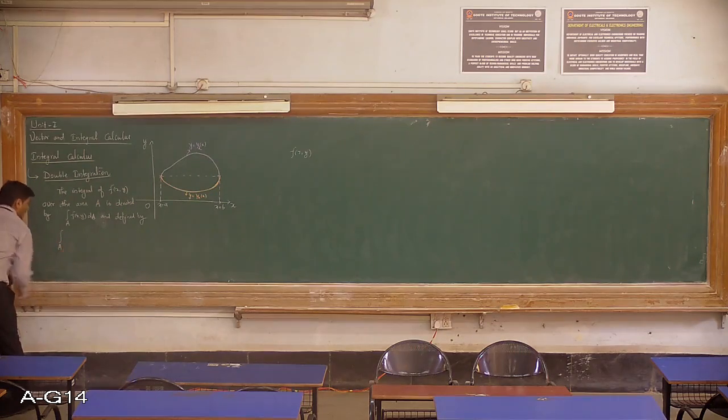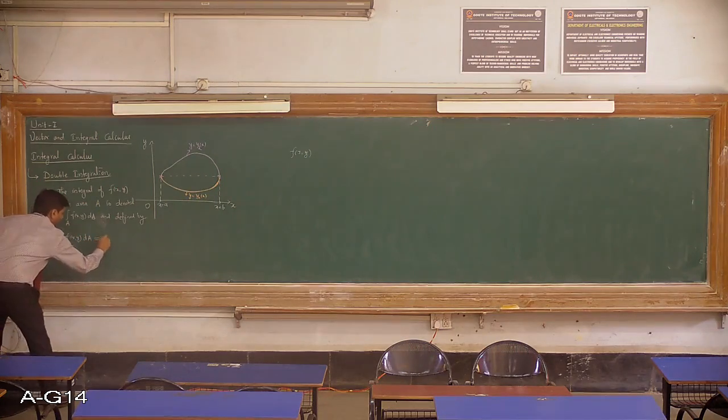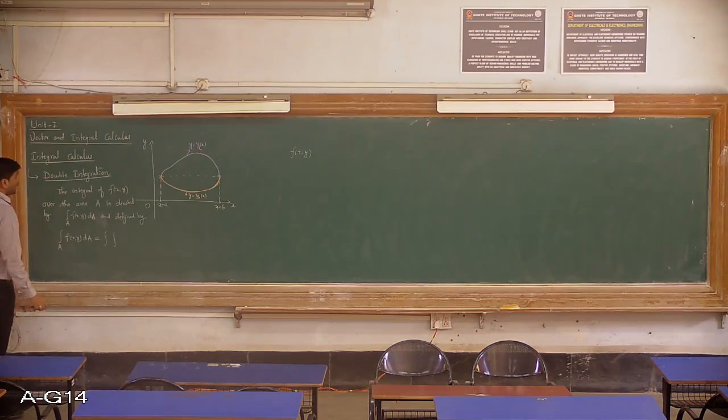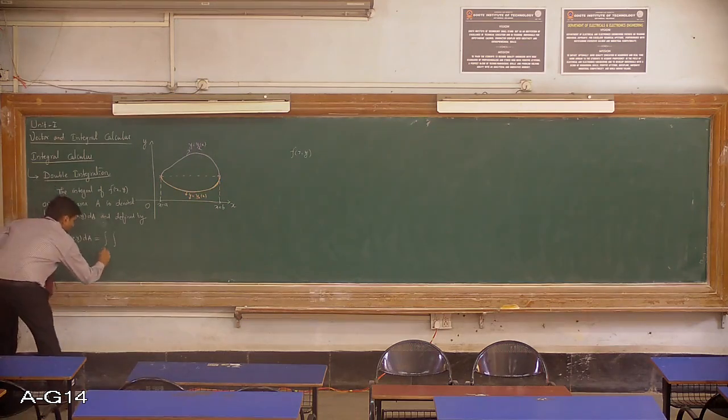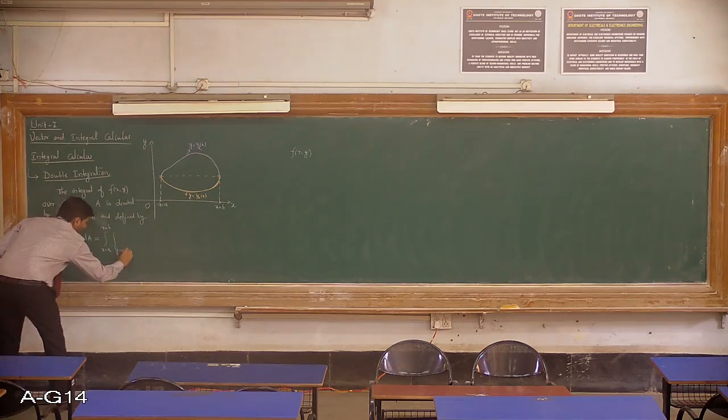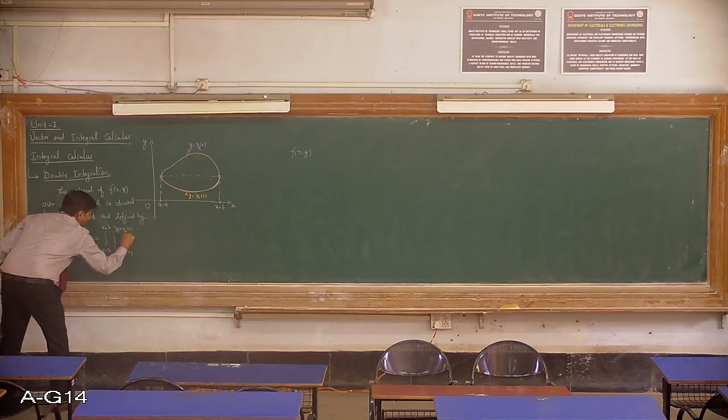It is defined by the integration over the area A of f of x comma y dA. In double integration, for both the integrations we have to allocate limits. So here I'll write x equals A to x equals B, and here I'll write y equals y1 of x to y equals y2 of x, f of x comma y.